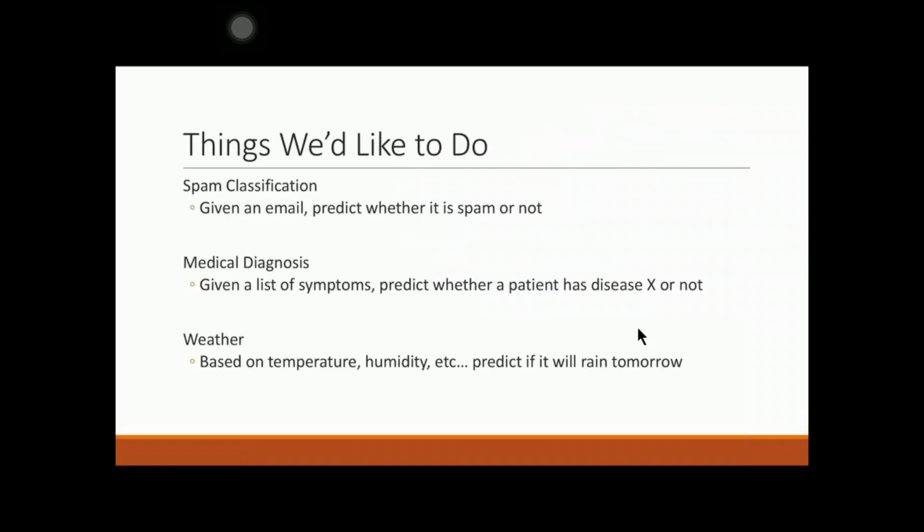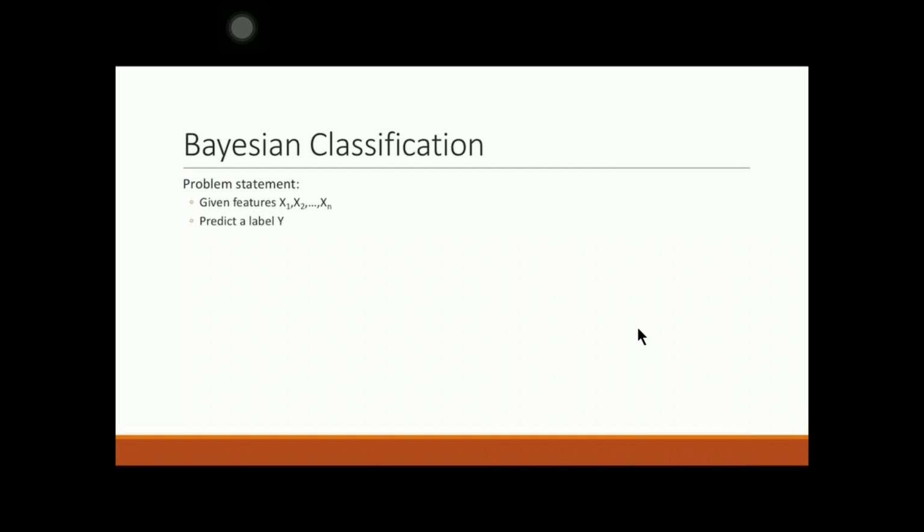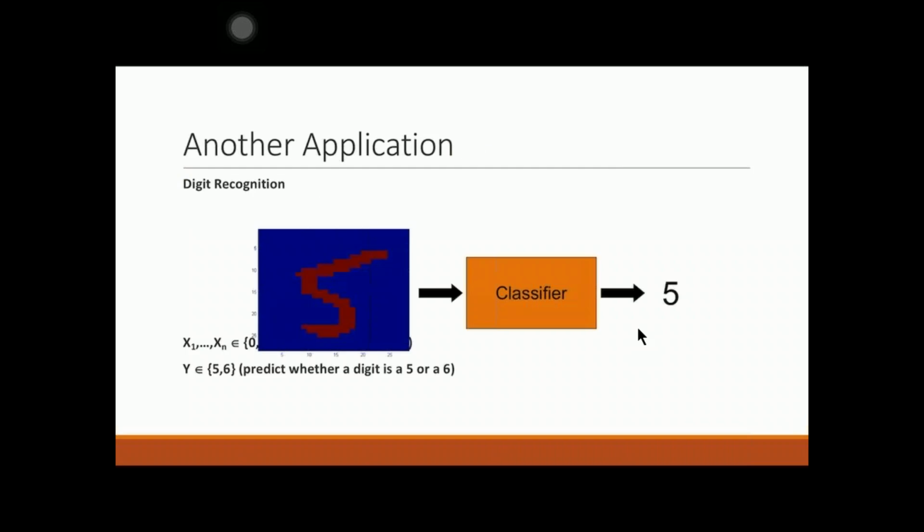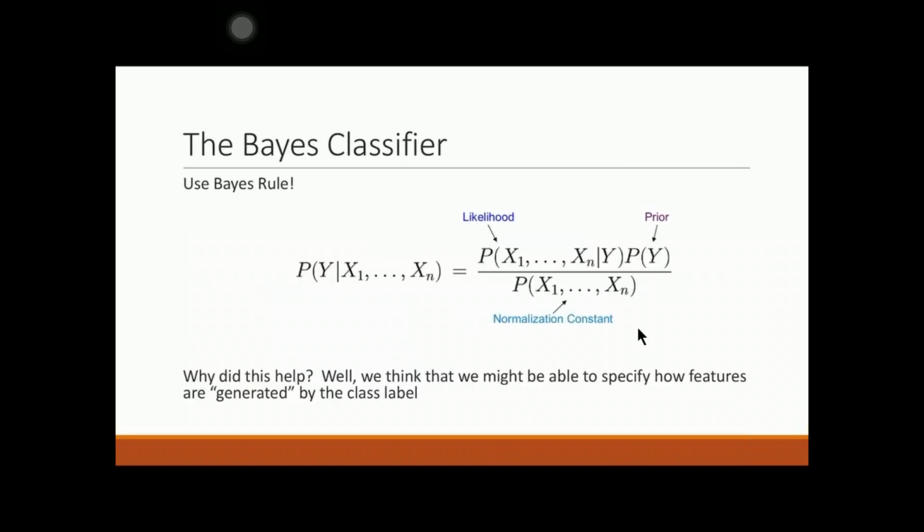We can do spam classification, medical diagnosis, weather, anything like that. Now I told you guys to go through Bayes theorem. Did anyone go through the Bayes theorem? Okay, I'll explain it here only.